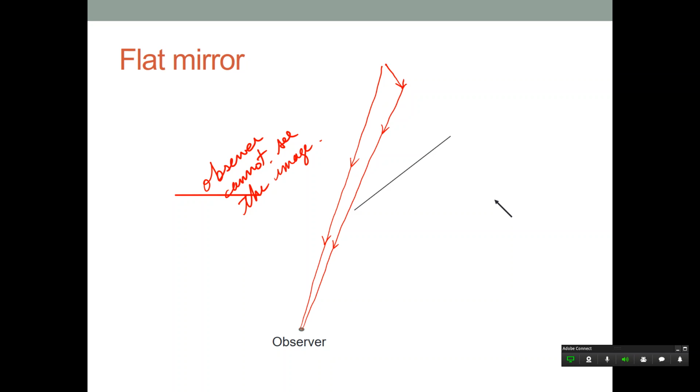This observer can see all the reflected rays coming from this mirror, including the beginning point, the end point, and everything in between. So remember what I said when we were talking about an object that's aligned, the most important points are the extreme points. So let's figure out what those are.